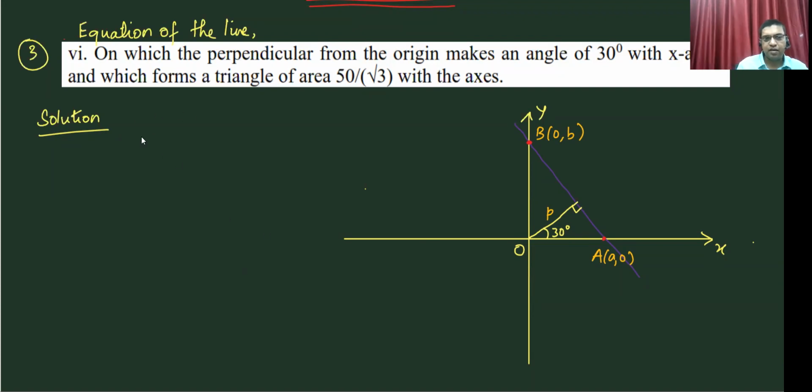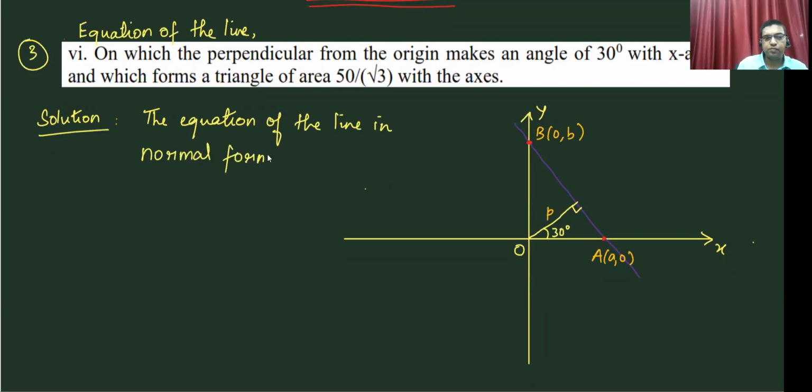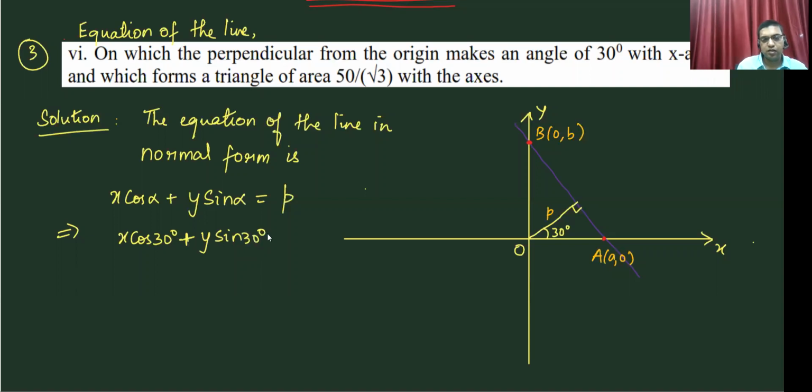I will do. See, the equation of the line in normal form or perpendicular form is x cos alpha plus y sin alpha is equal to p, which implies this is x cos 30 plus y sin 30 is equal to p.